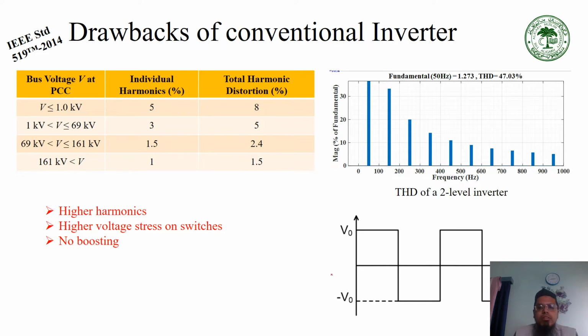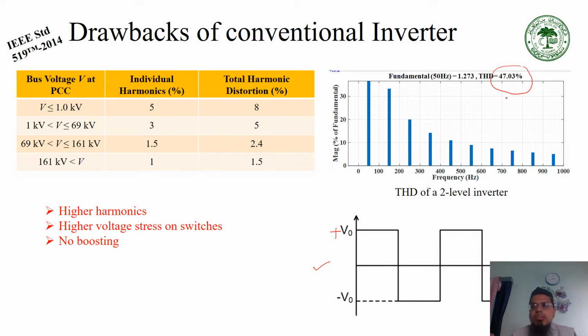A conventional two-level inverter, as the waveform shown here, has got two levels, either plus V0 or minus V0, and the total harmonic distortion is quite high.